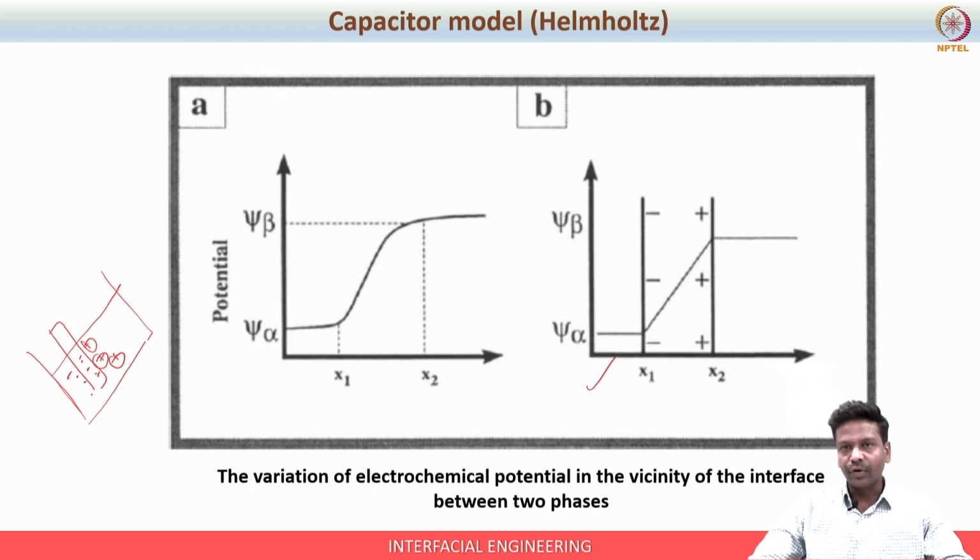The distribution of potential in such a case will be linear, right? So this model, based on the capacitor model, is nothing but the Helmholtz model.